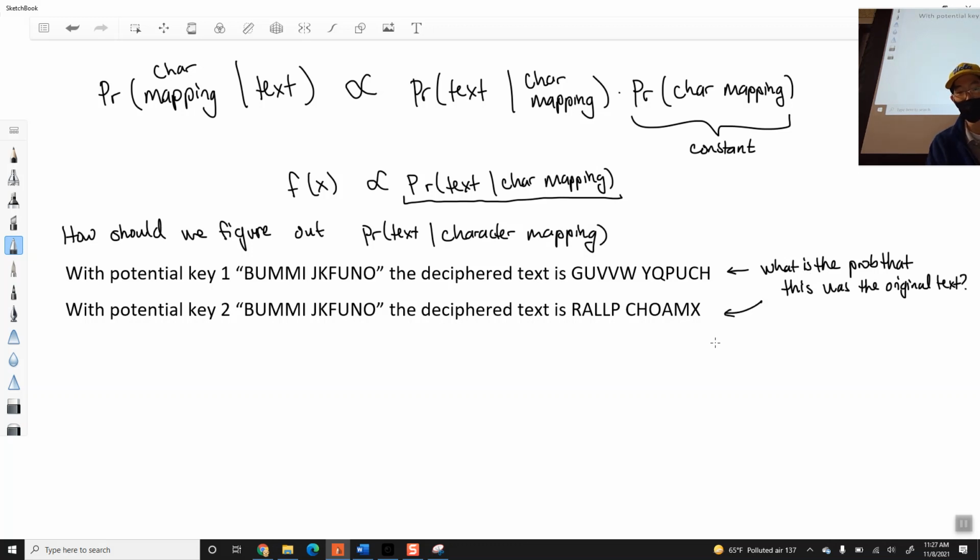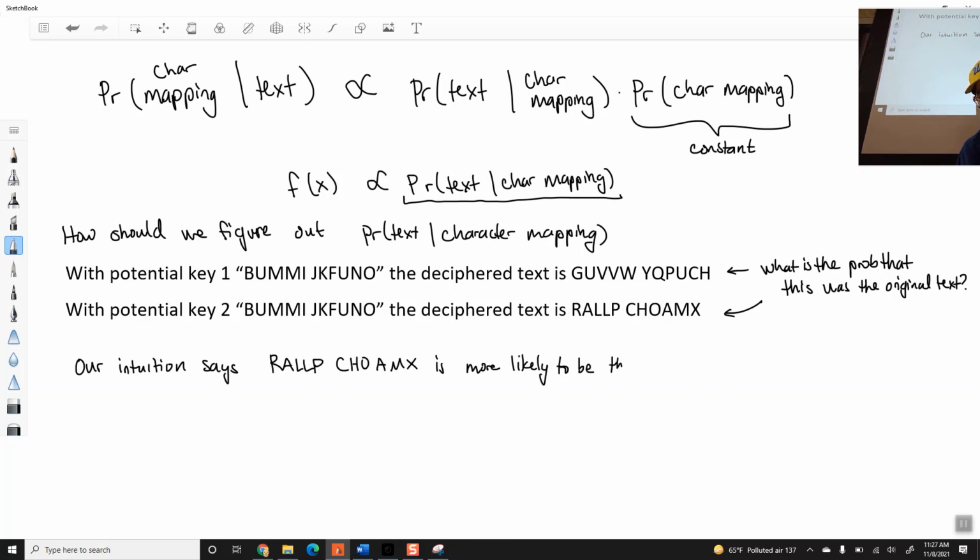What is the probability that this was the original text? Our intuition says RALLPCHOAMX is more likely to be the original text.